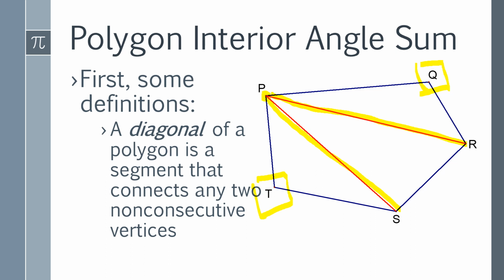So a diagonal, again, is a segment that connects any two non-consecutive vertices.